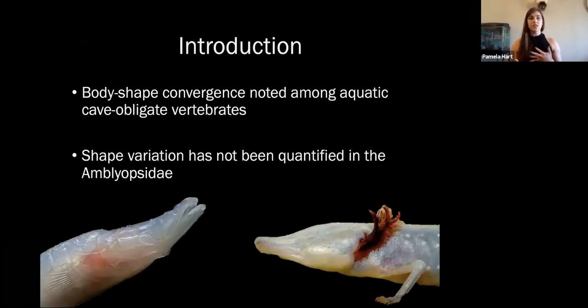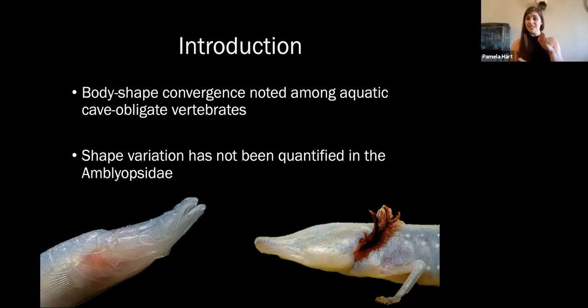So the Amblyopsids are interesting for their evolutionary history, but they are also interesting for their morphology, and not just because some of them are eyeless, but rather they show this body shape convergence that's seemingly common among aquatic cave obligate vertebrates, as seen here on the left in an Amblyopsid cavefish and on the right in a plethodonid cave salamander.